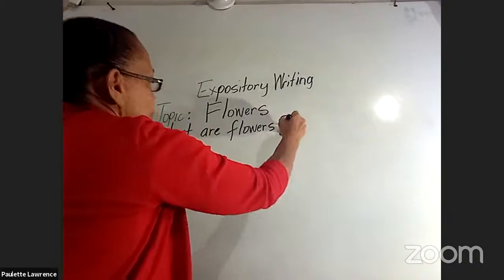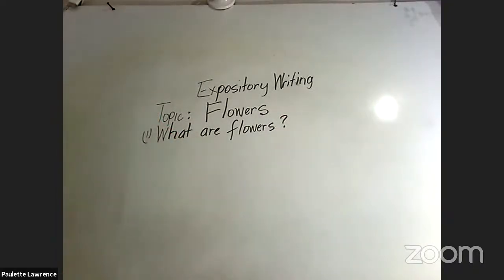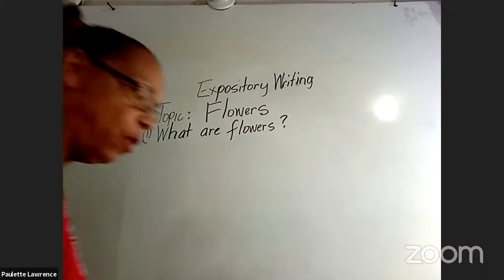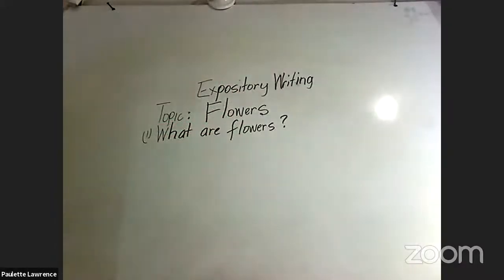What are flowers? Could we answer that one? Miss, we could have: flowers are plants used as decorative items or ornaments. Could you give me a definition? A flower is a plant that is grown in a garden.